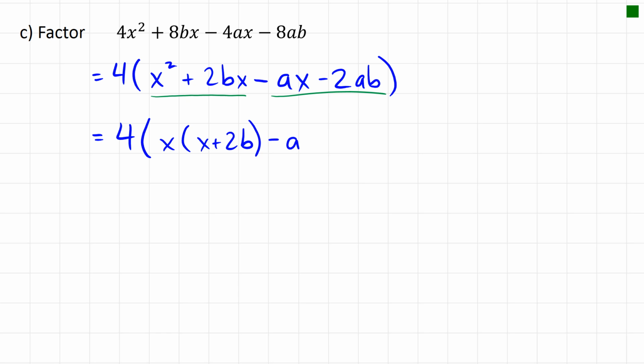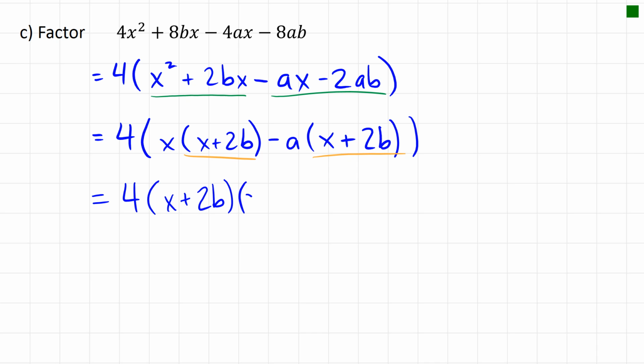And when I divide each of those terms by negative a, it leaves me in the brackets with x plus 2b. And that's good because now that we have these common binomials on each term in the brackets there, I can factor x plus 2b off each term, leaving me with x minus a in the other factor. And I'm done.